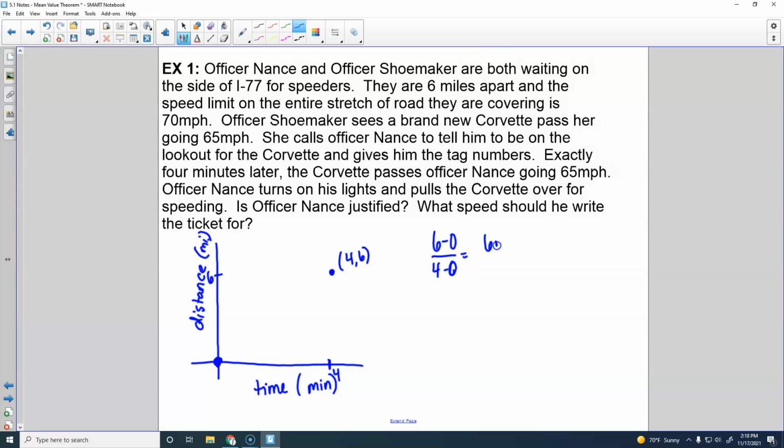So you got 6 miles in 4 minutes, which is 1.5 miles per minute, but our speed limit is in miles per hour, so we need to adjust this.